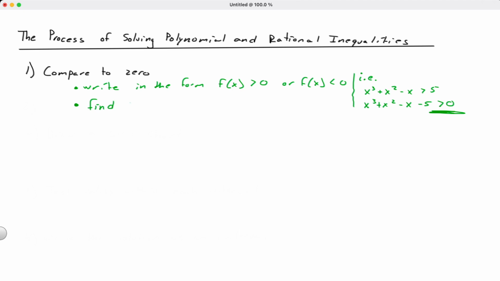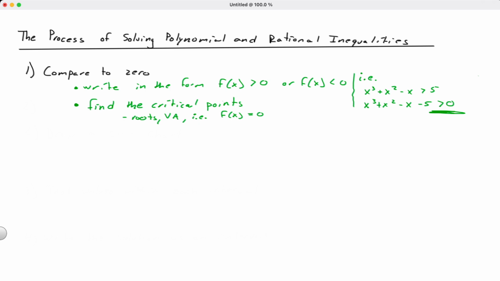So we'll want to find the critical points, in other words, the roots and the vertical asymptotes, specifically whenever f of x is equal to 0. So in solving the inequality, we're actually going to solve the equation for when our function is equal to 0. And that's going to give us the values at which our graph can potentially change from positive to negative or negative to positive.